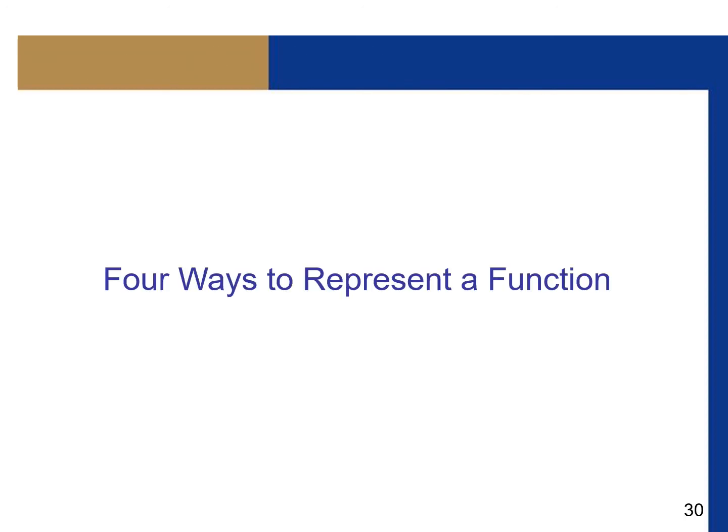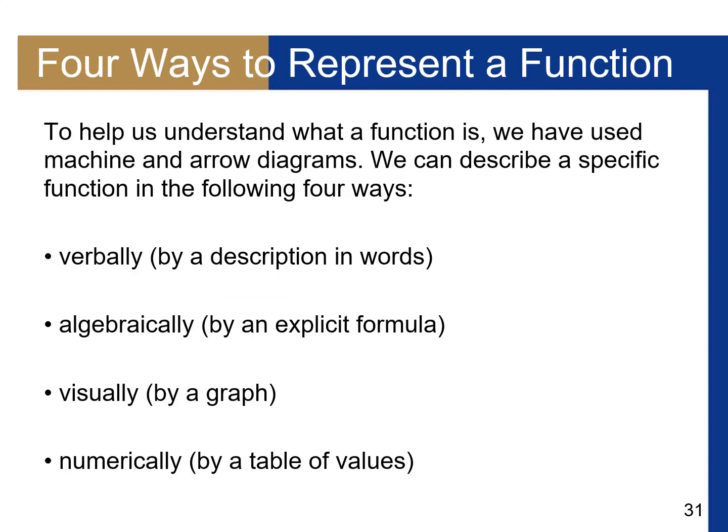All right, there are 4 ways to represent functions. We can address them verbally, we can address them algebraically, we can address them by looking at a graph, or we can address them by a table of values.